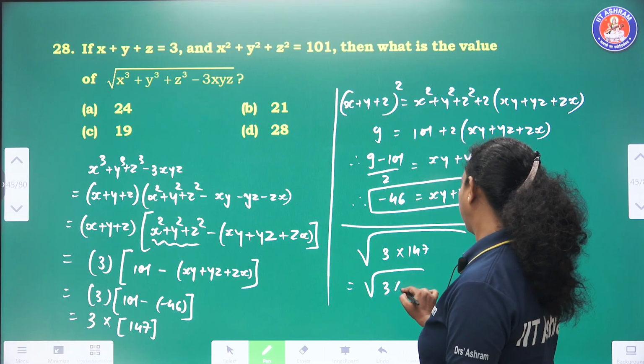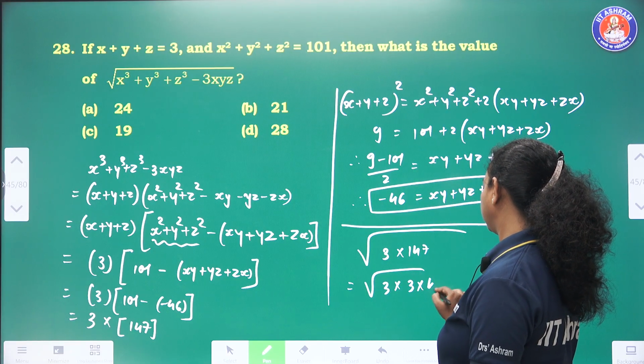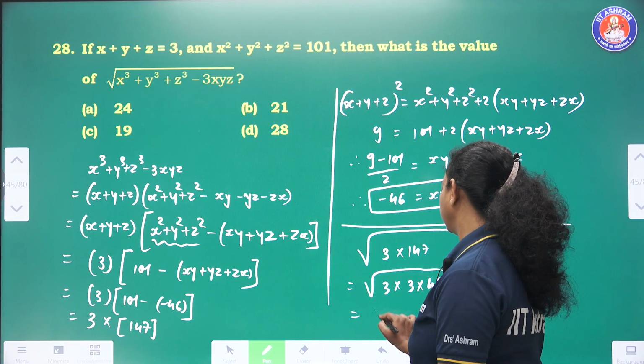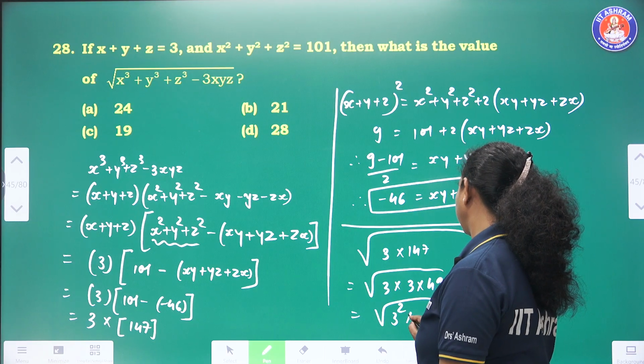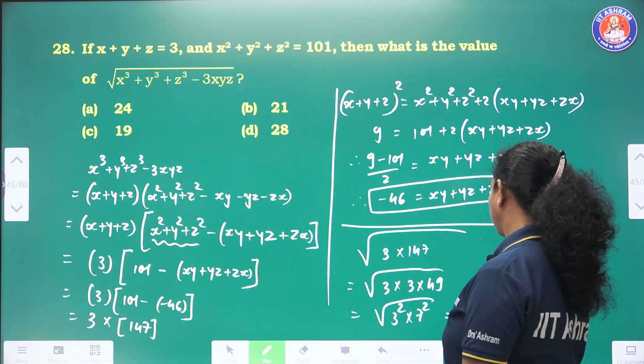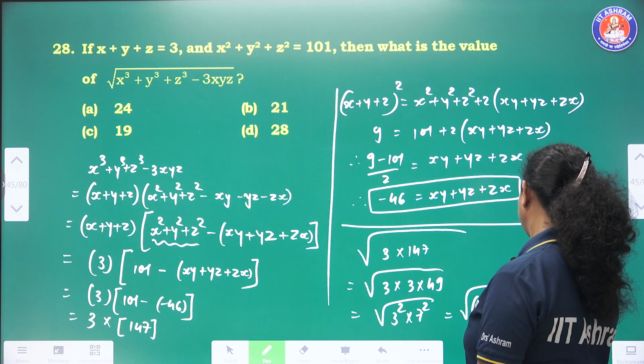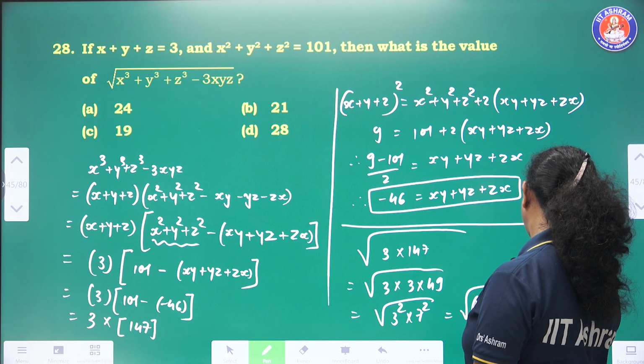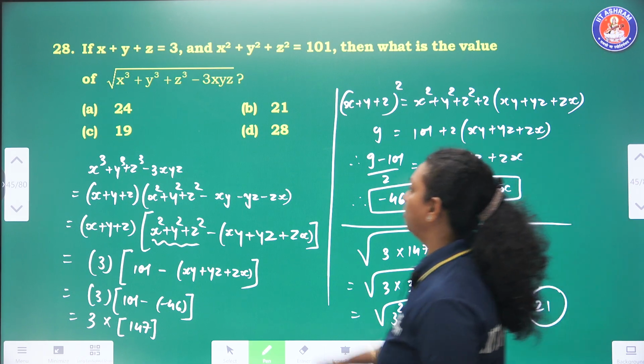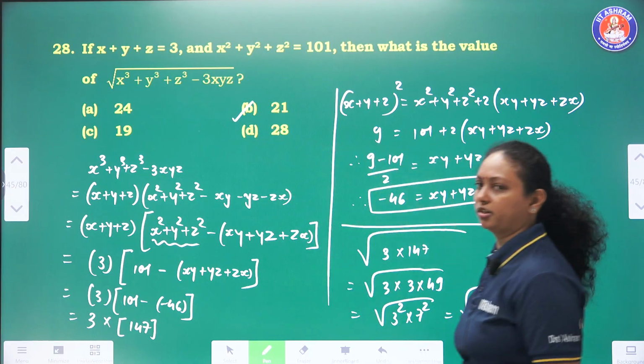So 3 and 147, I can write it as 3 into 49. So it is 3 square into 7 square, so 3 into 7 whole square. So it is 7 3s are 21. So the answer is what? 21. Option number B.